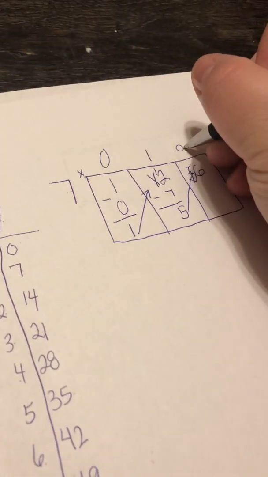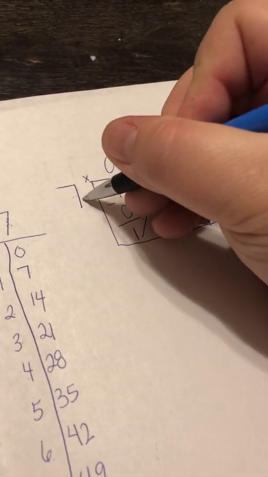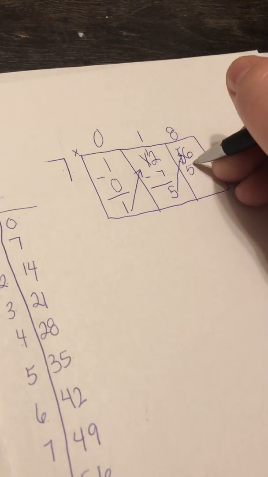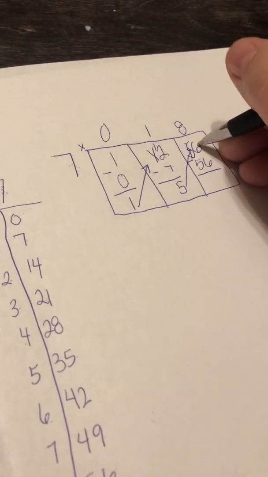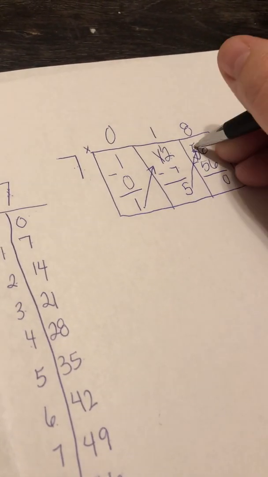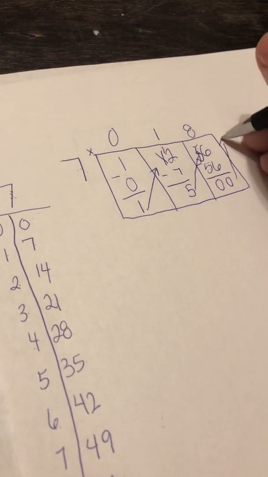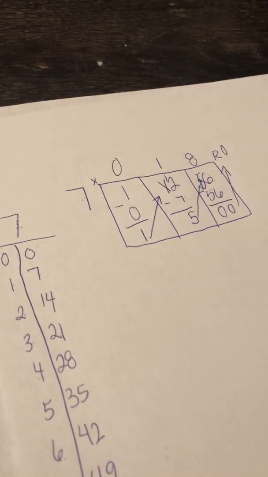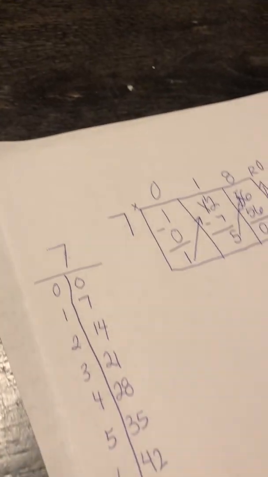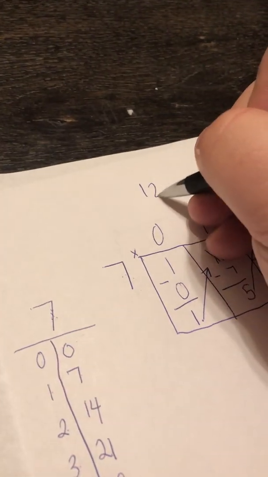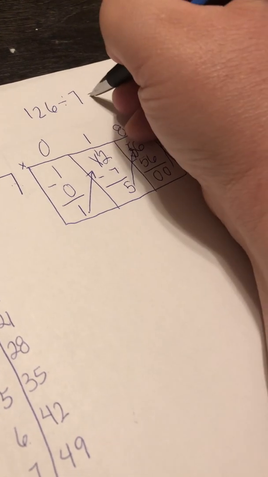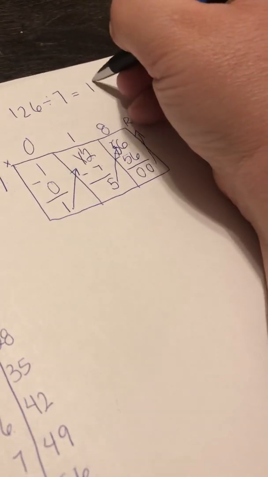And I'm going to subtract that difference. 6 take away 6 is 0. 5 take away 5 is 0. And that's the remainder, but it's a 0, so we don't even have to write it. So we know that 126 divided by 7 equals 18.